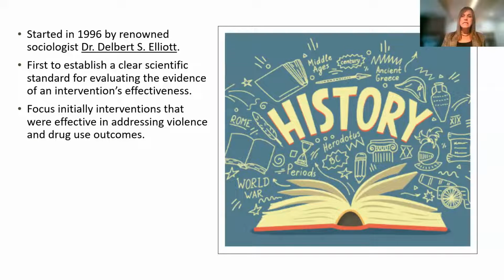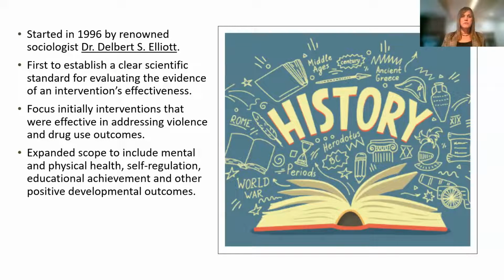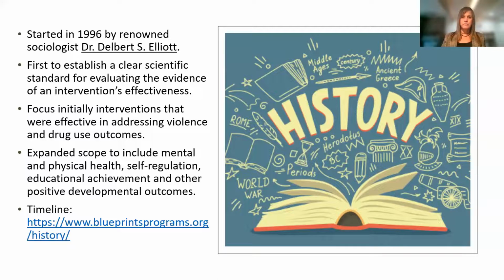Our focus initially was on interventions that were effective in addressing violence and drug use outcomes. We expanded our scope more than 10 years ago, however, to include mental health and physical health, self-regulation, and educational achievement and other positive developmental outcomes.